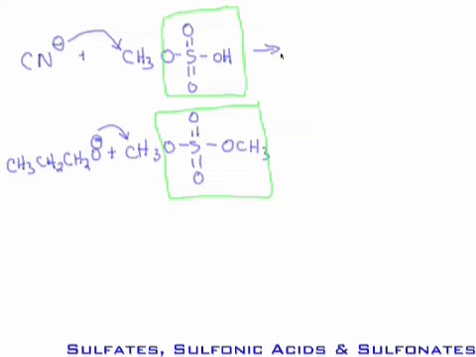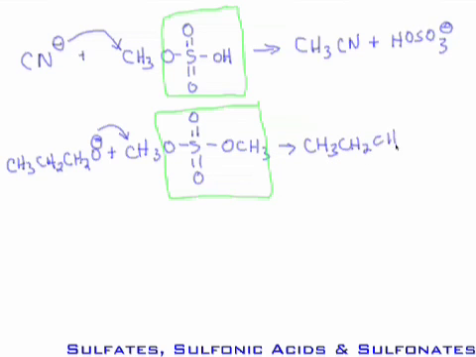In these reactions, you'd get methyl cyanide here, plus HSO4 minus, or HOSO3 minus, same thing. And here you would get propyl methyl ether. And this one you'd have methyl sulfate as your leaving group.